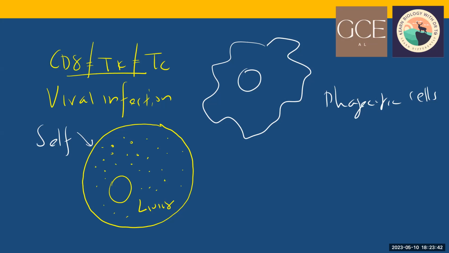Now, in this case, I will briefly explain what is going to happen. This host cell, in fact the self, can still present a small piece of antigen in the cell membrane.